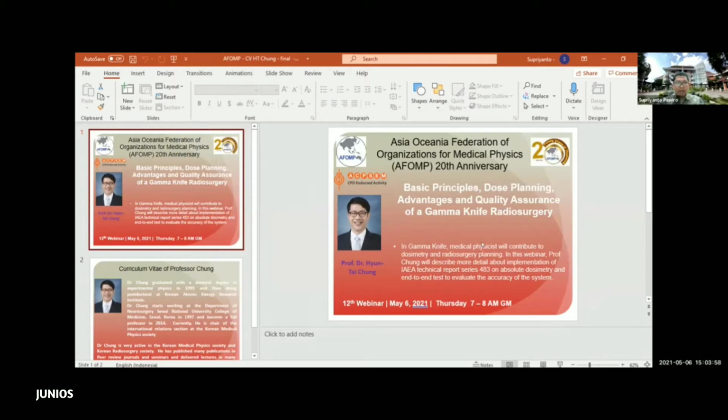In gamma knife, the medical physicist is involved in the radiotherapy, in dosimetry, and also in planning. In this webinar, Professor Chung will describe in more detail the implementation of the IAEA technical report series 483 on absolute dosimetry, and also talk about the end-to-end test to evaluate the accuracy of the system.